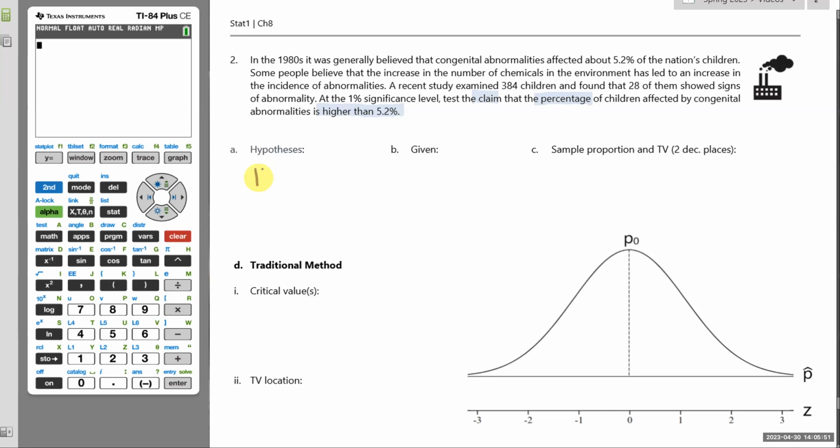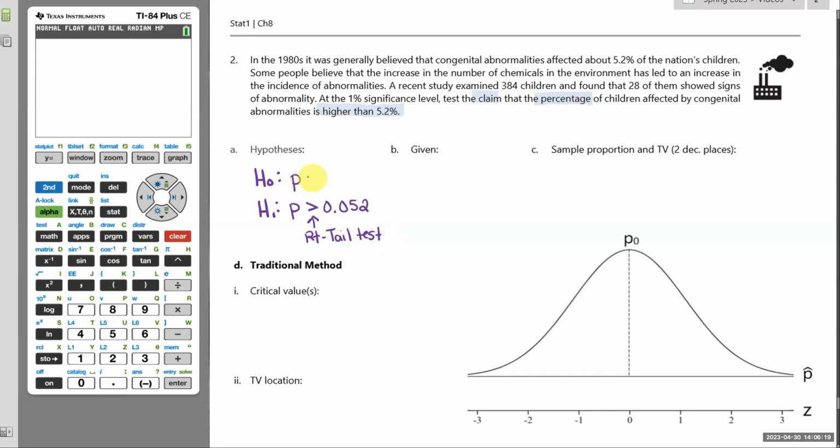Okay, hypotheses. The claim is that the population proportion of all children affected by congenital abnormalities is greater than 5.2%, and that's 0.052. So greater than is our right tail test.